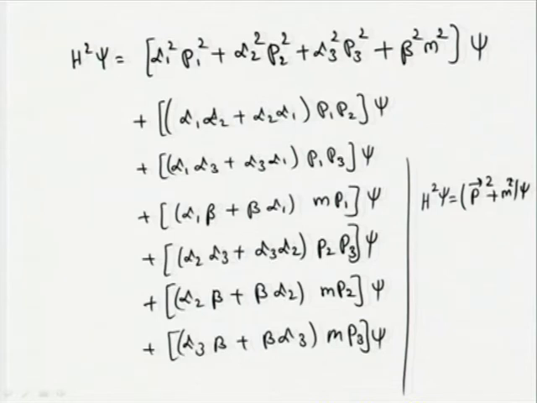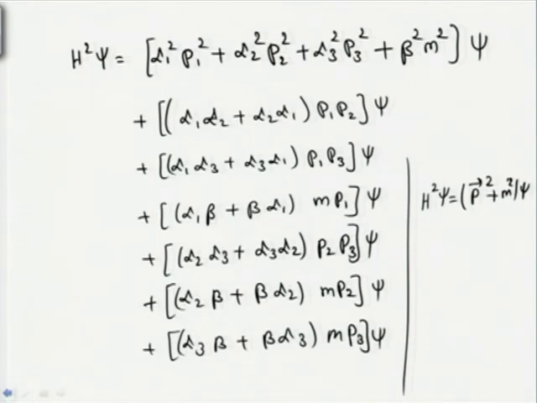That is one condition. Let us put that there. So, alpha 1 square equal to alpha 2 square equal to alpha 3 square equal to beta square equal to 1. All of them are the same and equal to 1. Then the other thing is alpha 1 alpha 2 plus alpha 2 alpha 1. There is no such term in the H square, because H square is P square plus M square, and that is already accommodated.